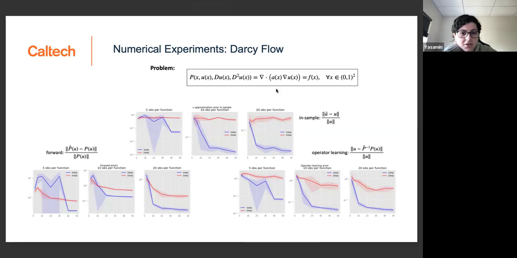These are the error plots for the solution functions. And we had two different error measures for the PDE. This is the forward error measure, and this is the operator learning one.